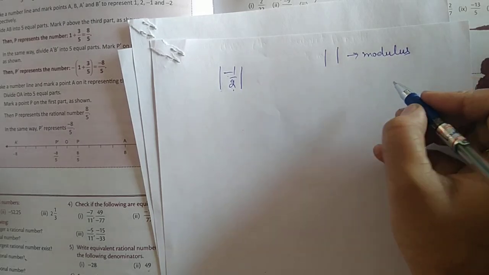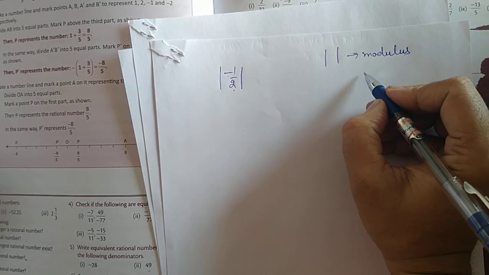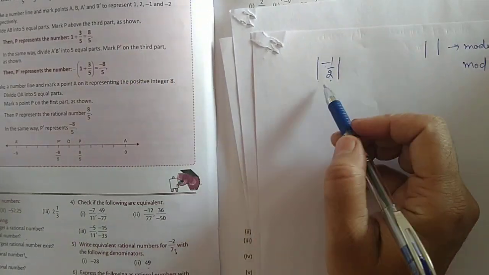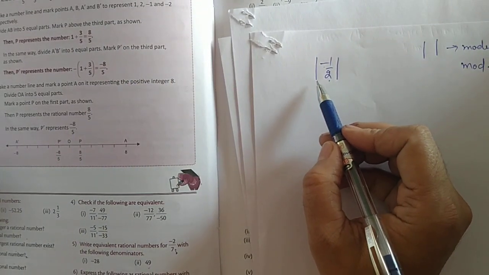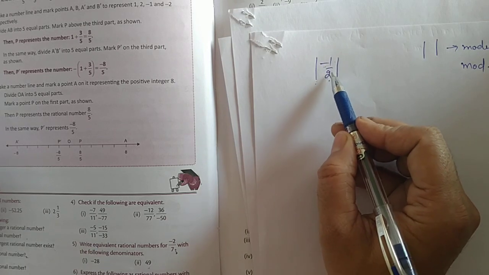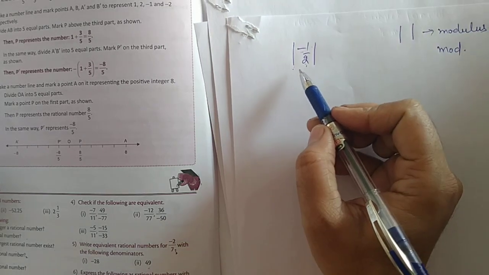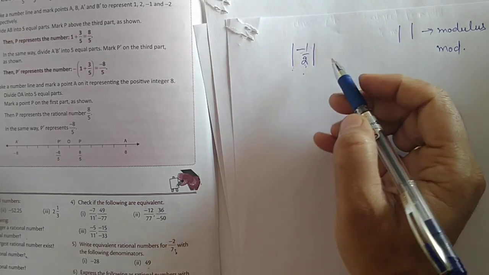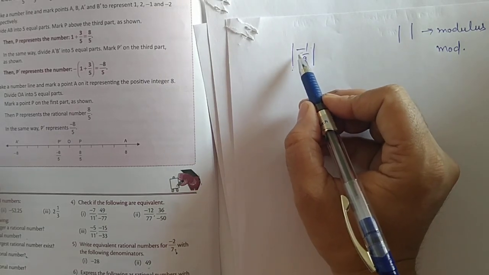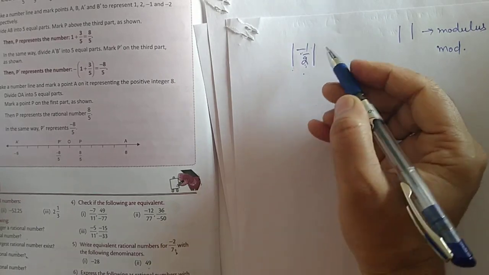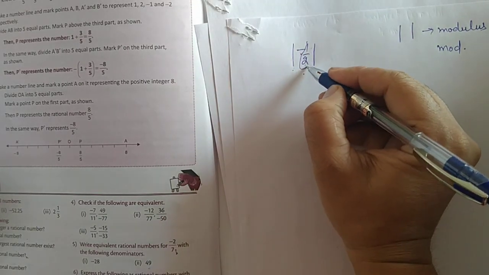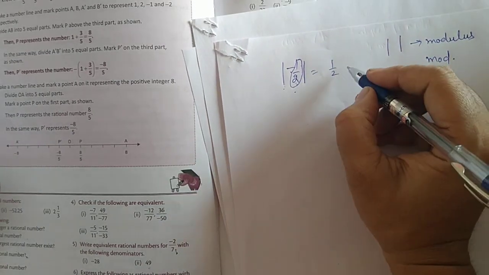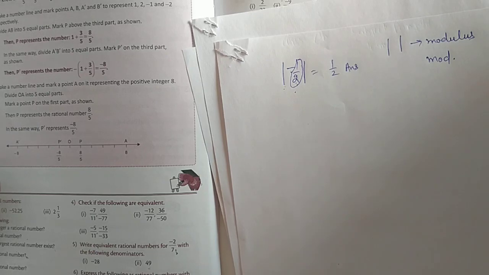Modulus, in short form, you can read as "mod". You can also read it as mod of minus 1 upon 2, automatically you are saying the absolute value of minus 1 upon 2. So here we will not consider this sign, we just take the numerical value. It's 1 upon 2. So its answer is 1 upon 2.